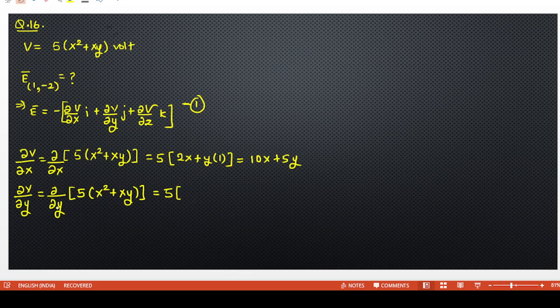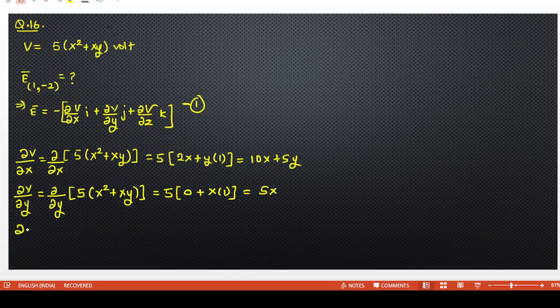What is x square derivative with respect to y? 0, plus xy derivative with respect to y. Now in xy derivative with respect to y, x will be taken as constant, so outside derivative, and y derivative with respect to y will be 1. So use the brackets carefully. So the answer is simply 5x.